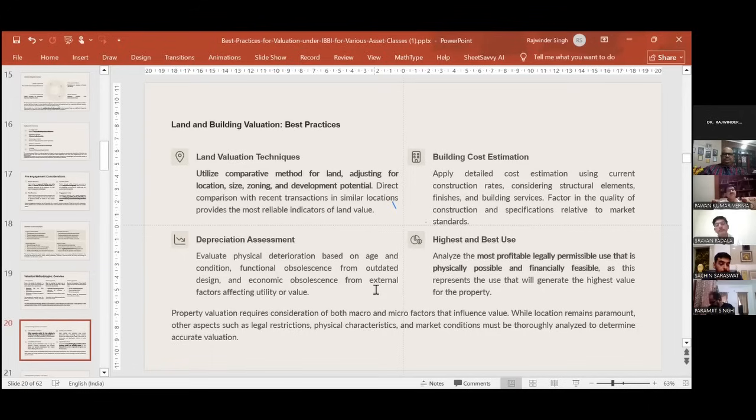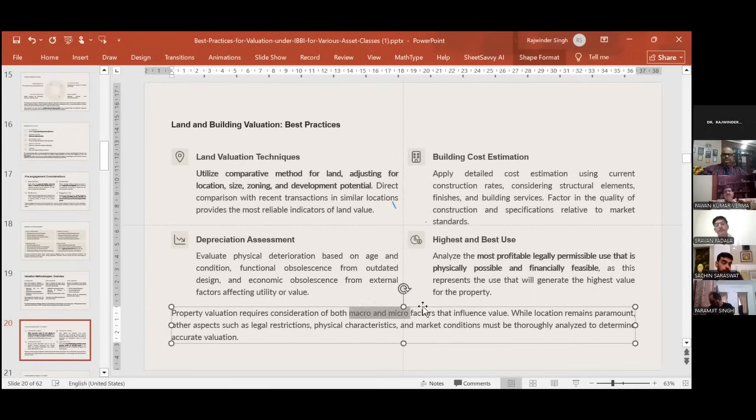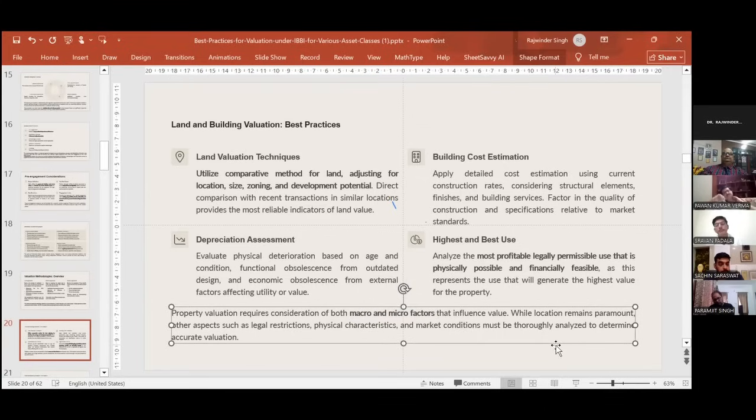Property valuation requires consideration of both macro and micro factors that influence value. While location remains paramount, other aspects such as legal restrictions, physical characteristics, and market conditions must be thoroughly analyzed to determine the accurate value of the property.